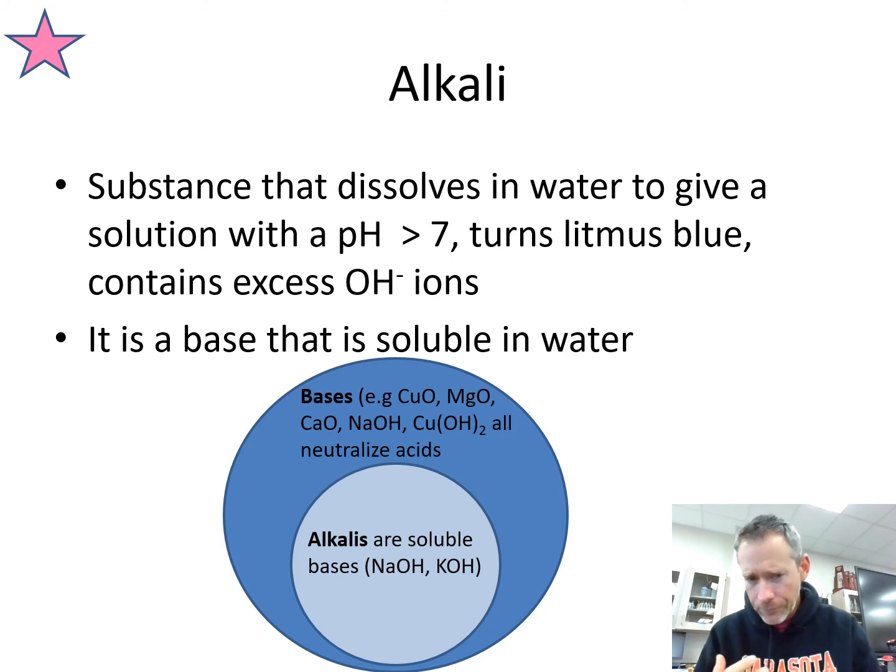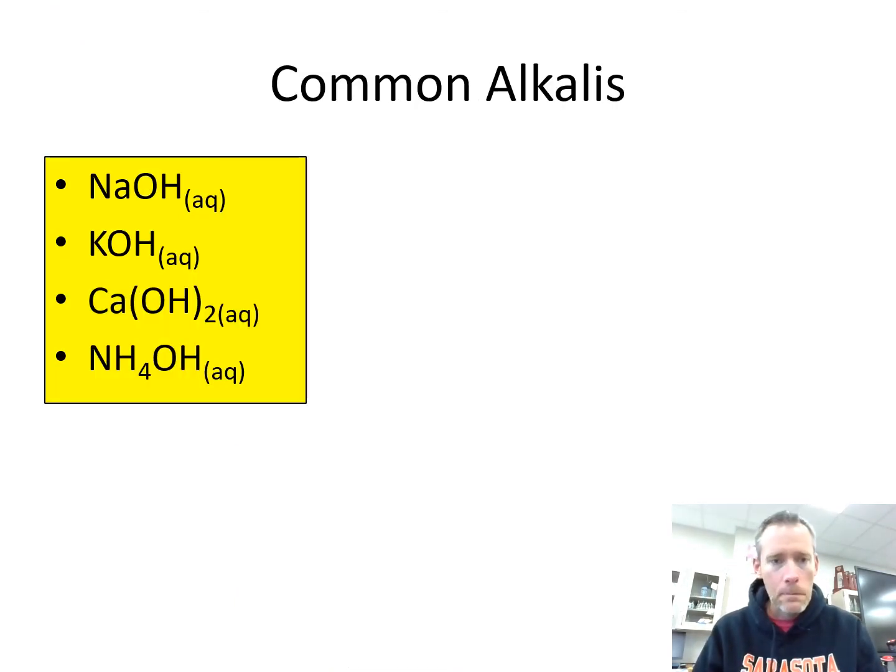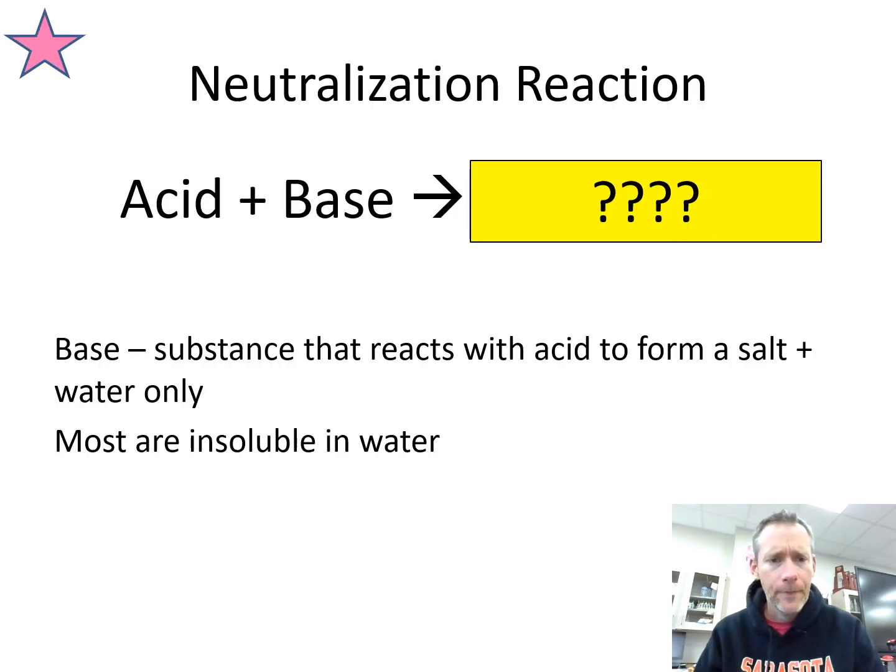So it has to have OH to be an alkali, but is also considered a base. Common alkalis: sodium hydroxide, potassium hydroxide, calcium hydroxide, ammonium hydroxide, all are soluble in water, and they all have OH.